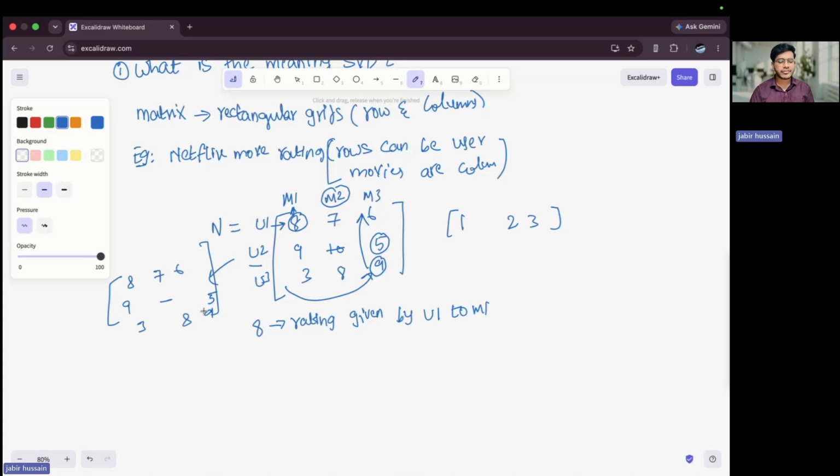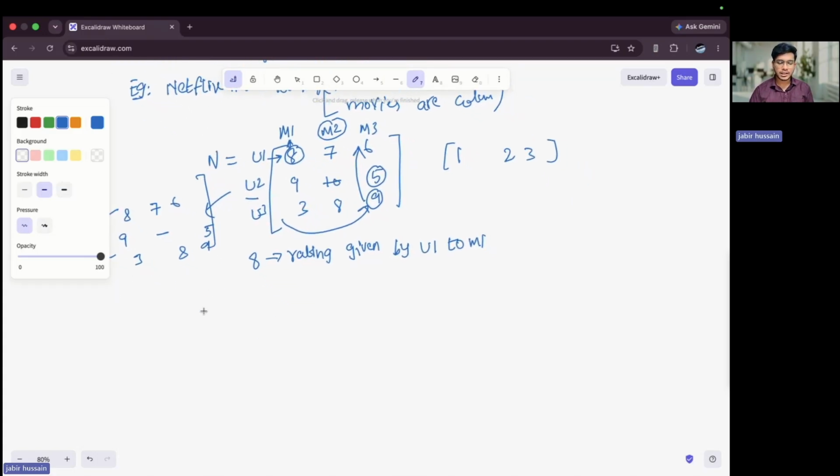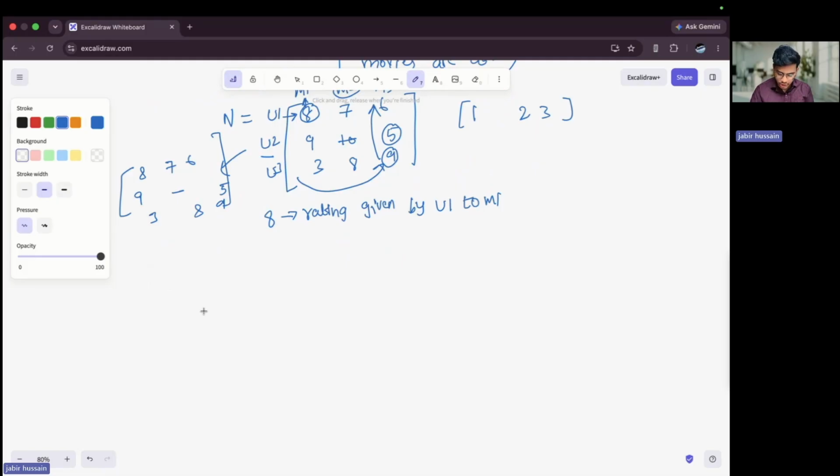Okay, so this is the definition of a matrix. Now the next concept we need to understand is decomposition. To understand SVD, decomposition is the most important thing.